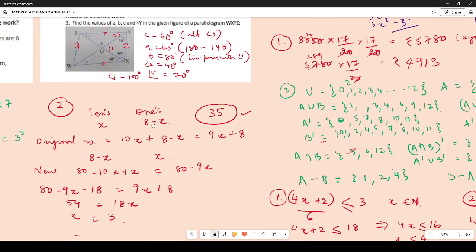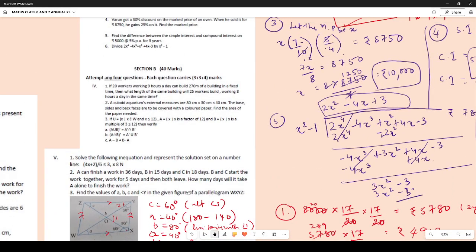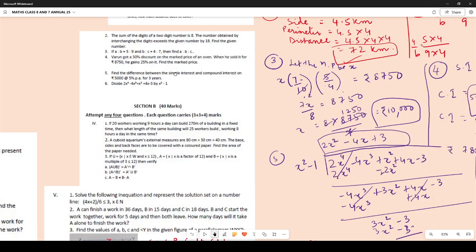The second question says the tens digit and the ones digit add up to 8. If the digits are exchanged, then the new number exceeds the given number by 18.